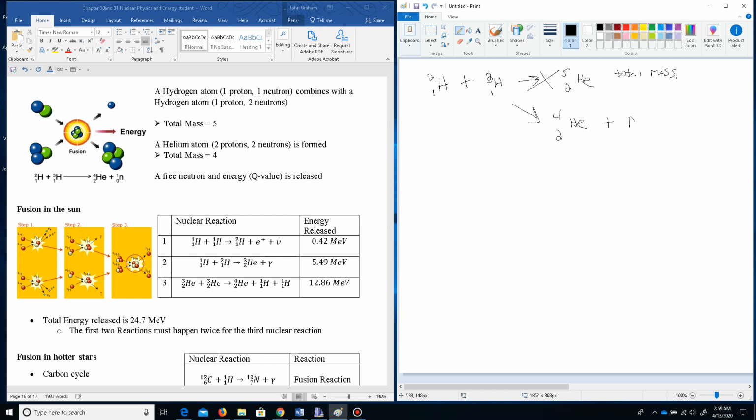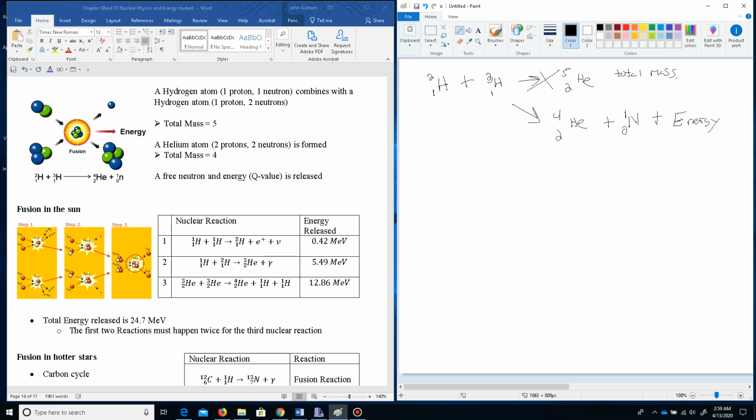So we have 1n, which is a 1 and a 0. We still have 2 and 5, but it splits like this instead. When it does this, it releases a lot of energy in the form of protons.